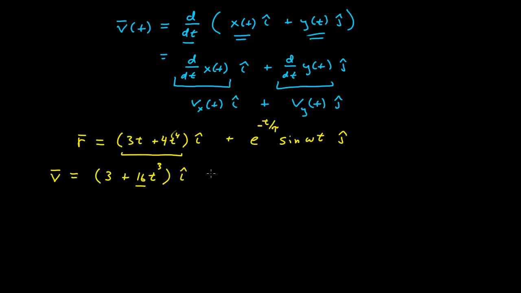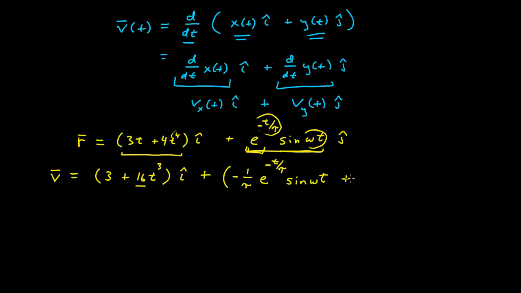And now I have to differentiate this, and this I'll need the product rule since I have 2 functions of time, as well as the chain rule since I have e to this function negative t over tau and this function which is omega t. And so if I differentiate the first part, I get negative 1 over tau e to the negative t over tau, and then multiplied by sine omega t.